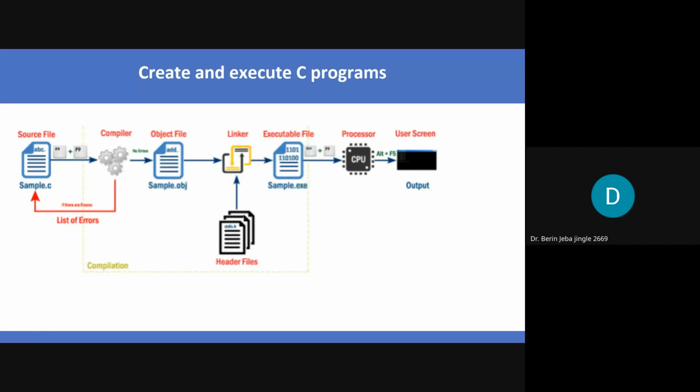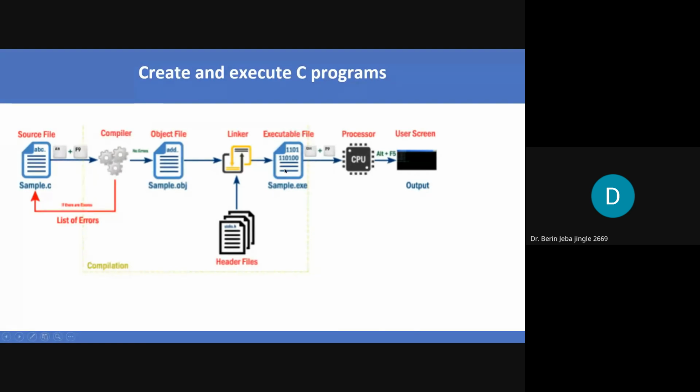Header files start with hash include, hash define, likewise. Whatever you give with a hash, we can study in detail in class while typing a program; you will understand. The program lines which start with hash are library function files. The linker links them with the header file. Then it will execute the file.